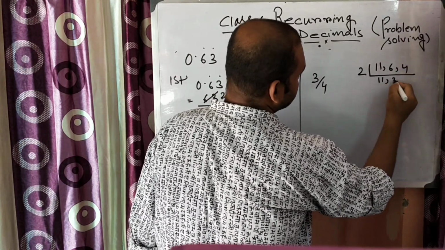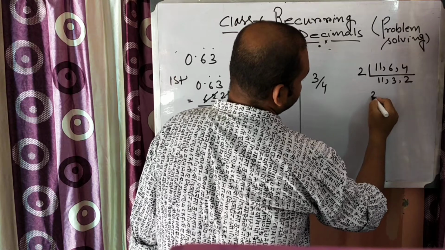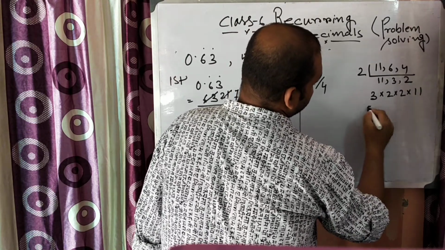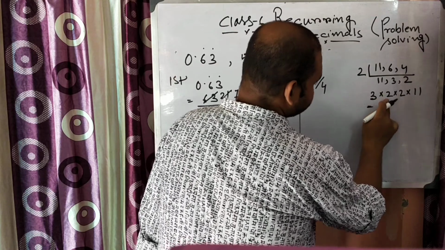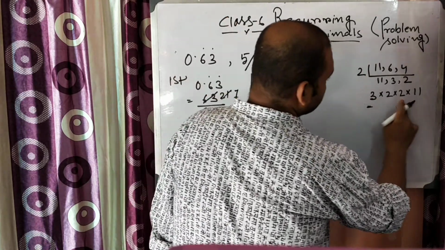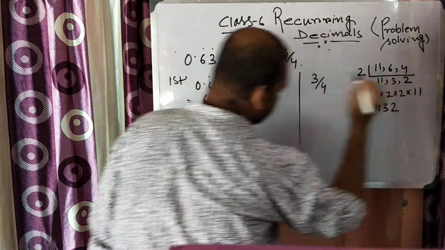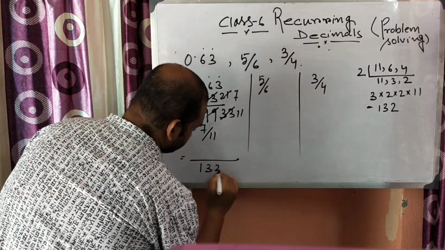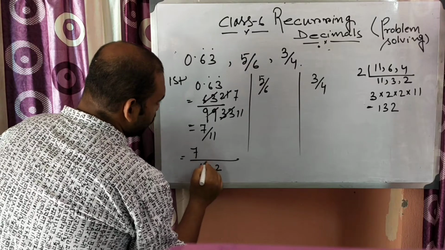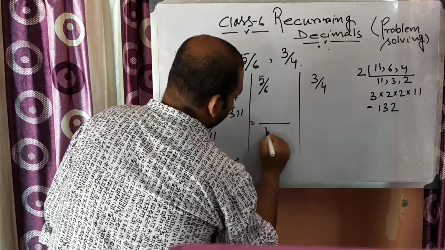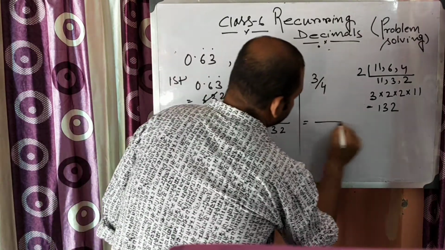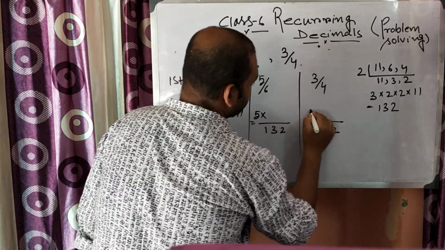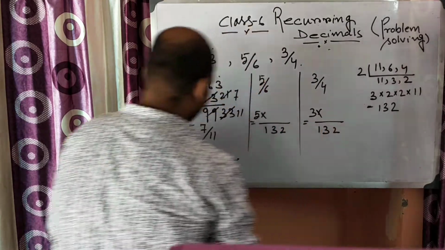What will be the LCM? 2, 11, 3, 2. So the LCM will be 3 into 2 into 2 into 11. That will be 3 times 2 is 6, 6 times 2 is 12, 12 into 11 is 132. So we need to make the denominator 132. Why 132?